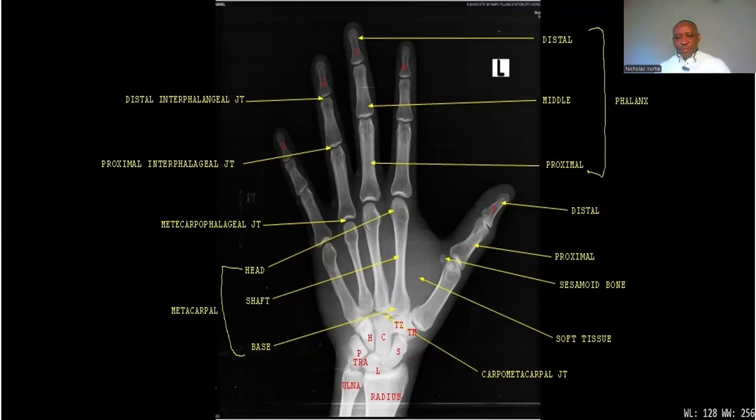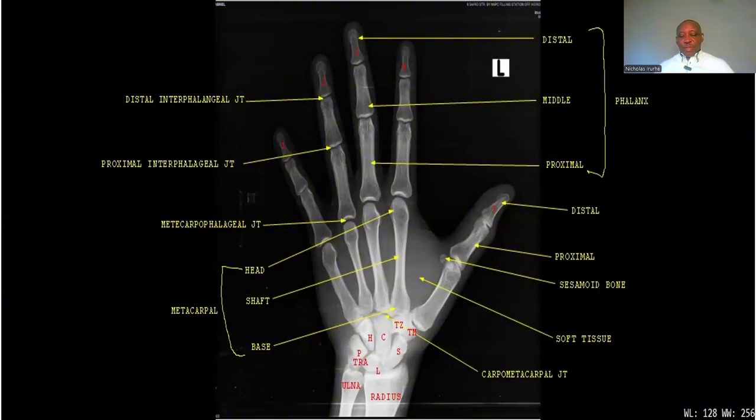And in the course of doing this, we'll be talking about the views that we usually do for the hand. They are usually PA, lateral and oblique views.